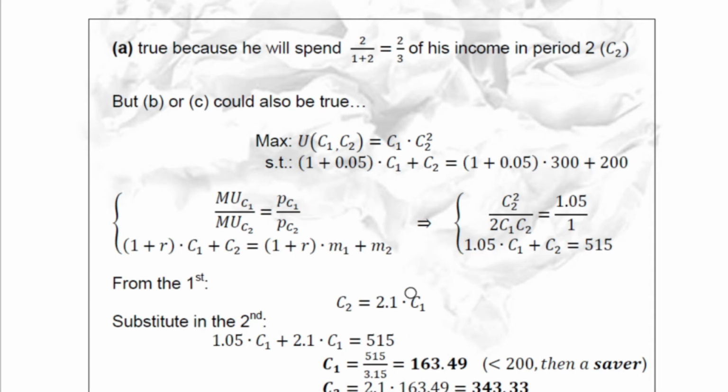If I substitute this condition into the budget constraint, I find that 1.05 C1 plus 2.1 times C1 is equal to 515, and if I isolate C1, we find 163.49.